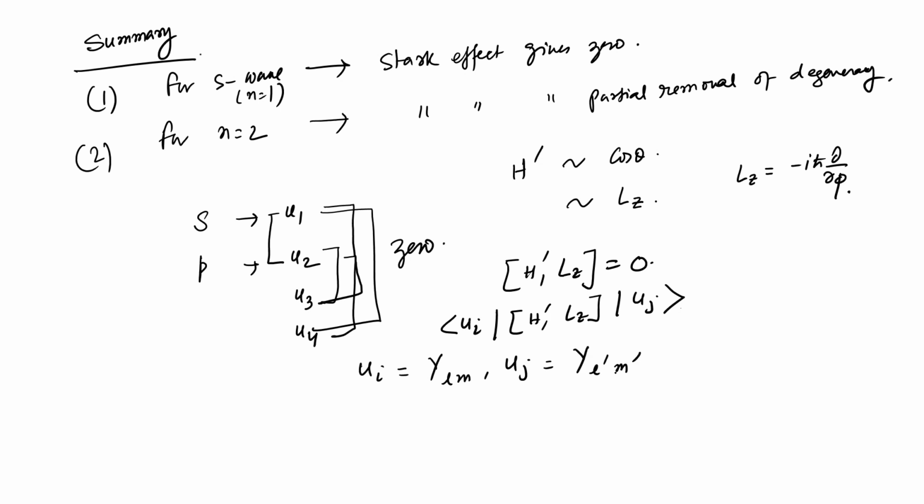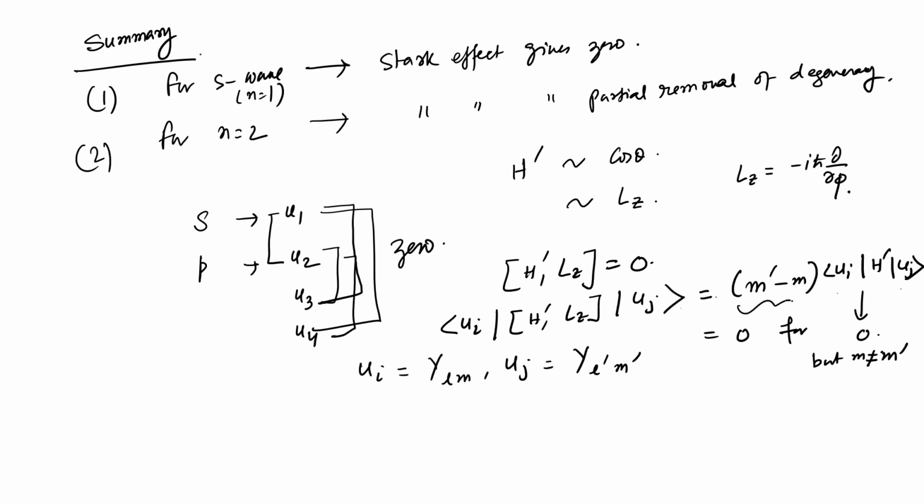So, these things will become equal to M prime minus M times the matrix element of H prime between Ui and Uj. Now, this is equal to 0 when M is not equal to M prime.